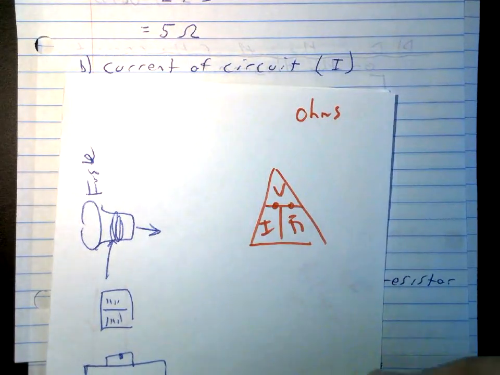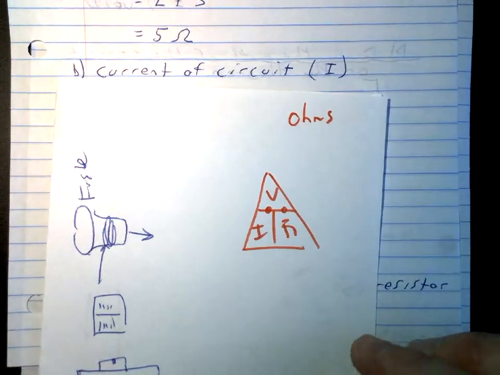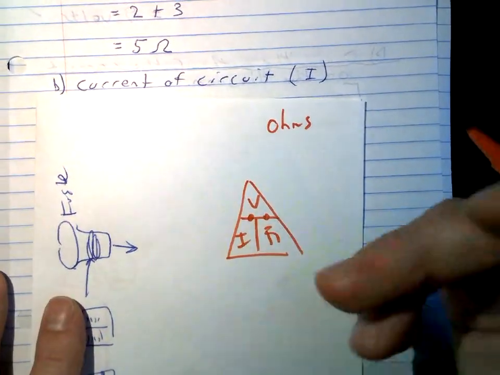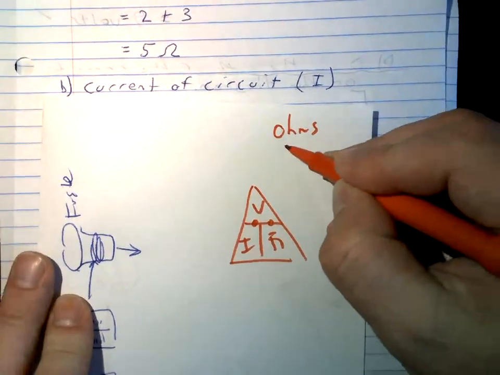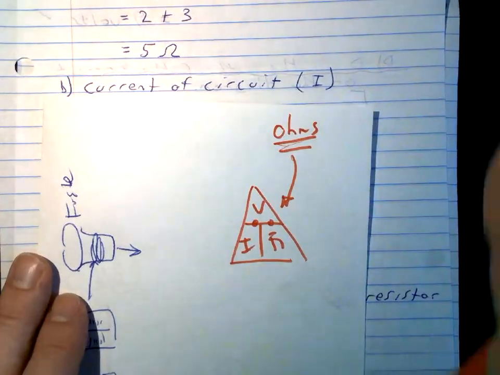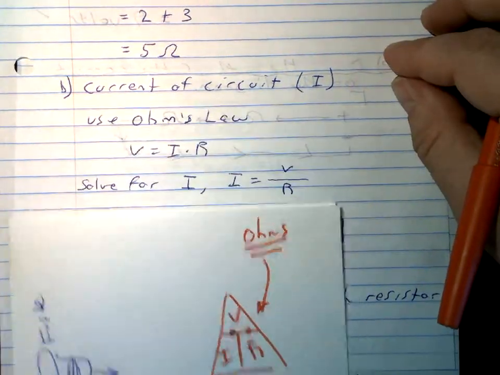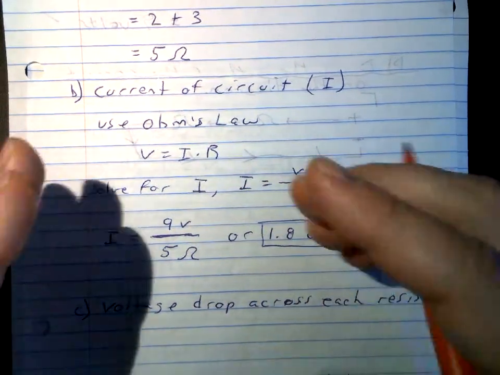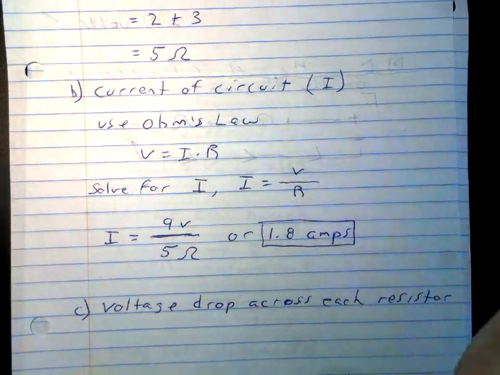I don't really want to give this to you because I don't want to upset you with the memorization of this. But if you ever Google Ohm's law, it would give you this triangle to remember. I am not going to have you do that. I'm just going to have you remember V equals IR, and then you have to solve for whatever variable you want.